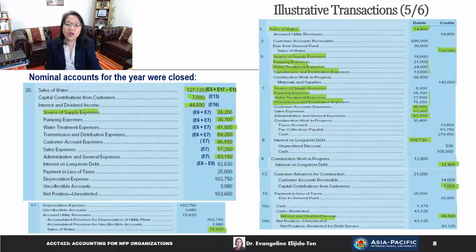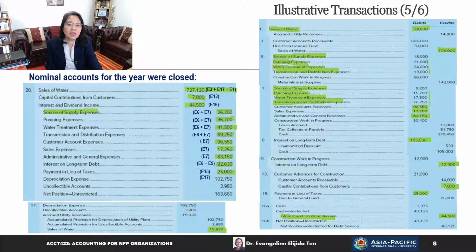So 105,530 minus 12,900. One is debit, one is credit. So the difference is 92,630. Payment in lieu of taxes is found in entry number 15, and that's for 25,000. So we will just be crediting that. It has a debit balance there, so to close, credit it.